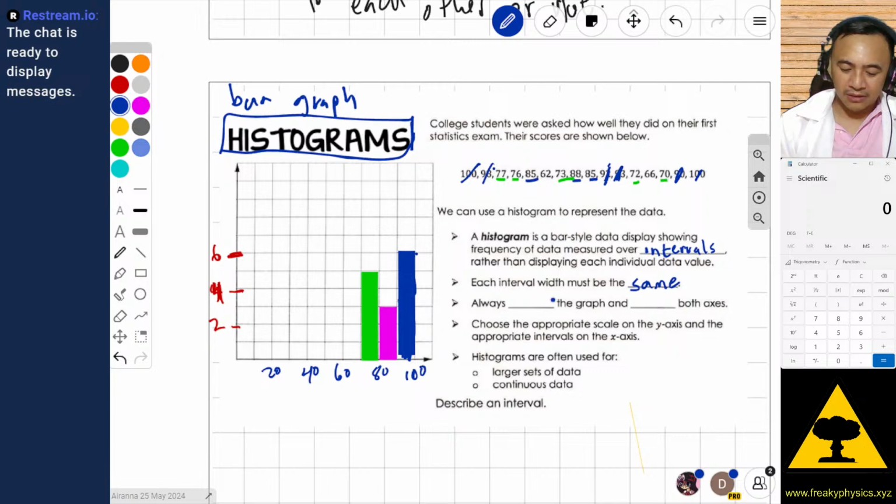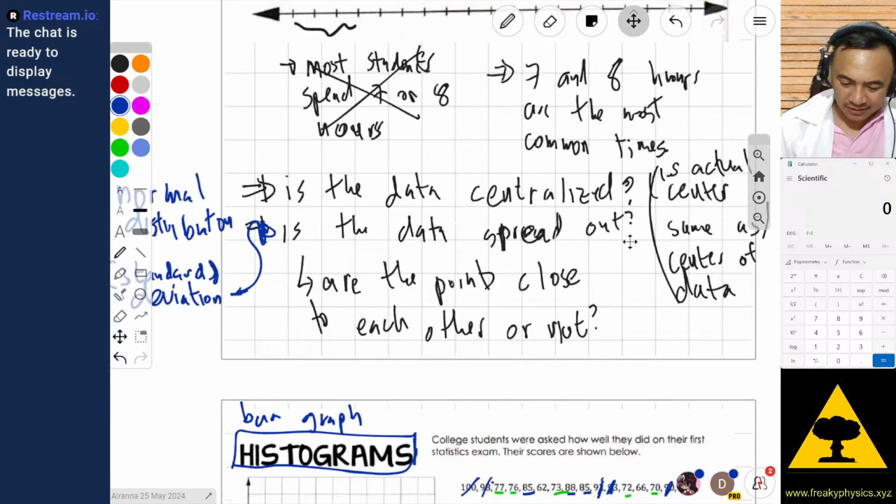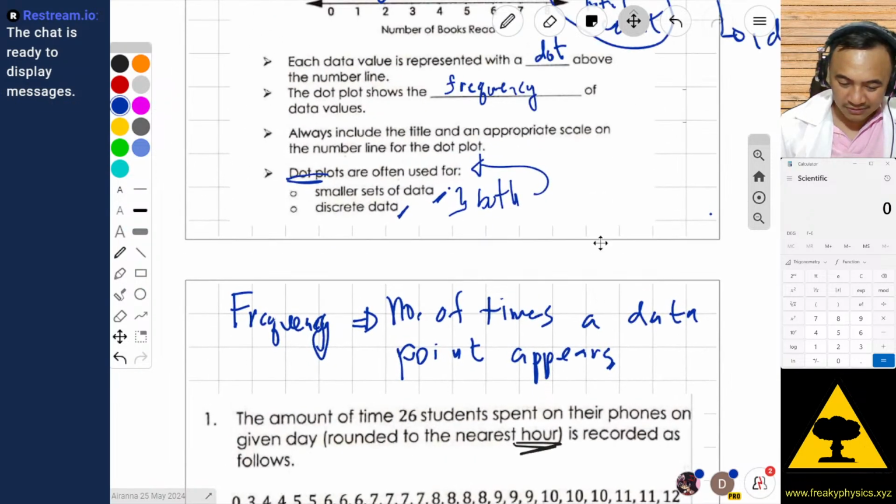How about this part here? Always label the graph and label both axes. This is the same as the previous one. So always label. Label as well, right? Put the title. Yeah, that's the same thing. Always include the title.